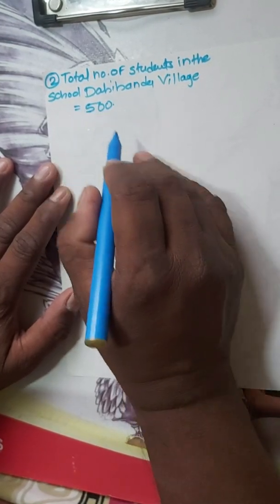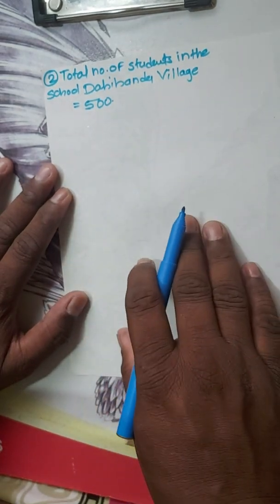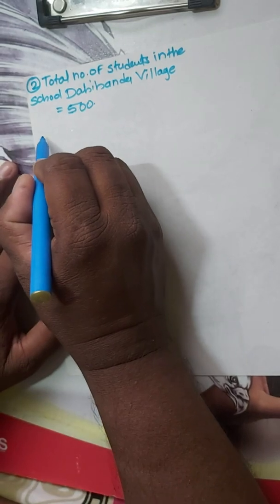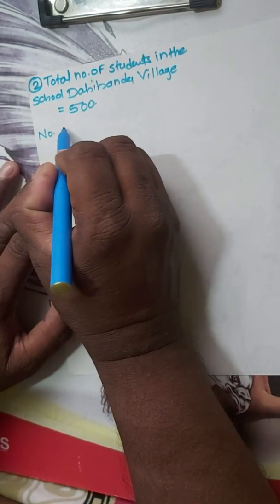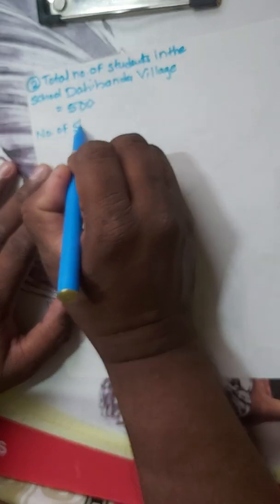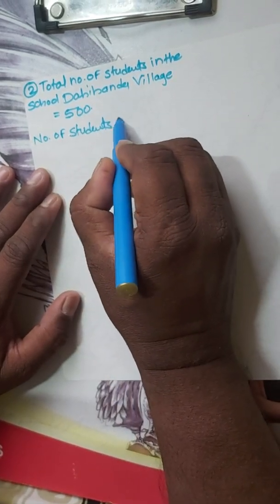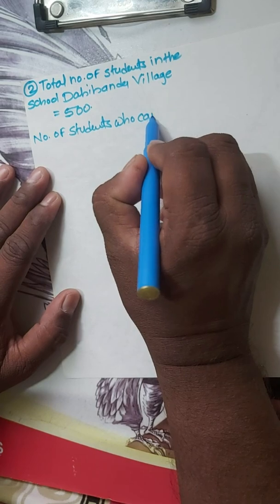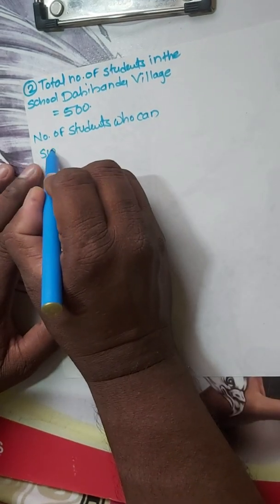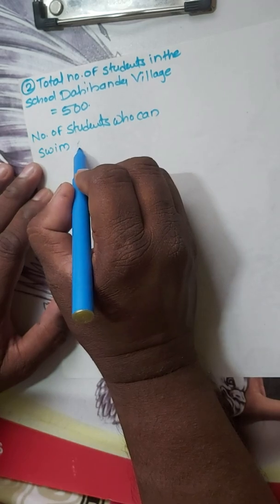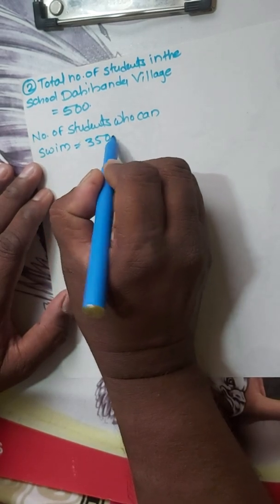Then the number of students who can swim, that we have to write, is given in the example. So number of students who can swim is equal to 350.